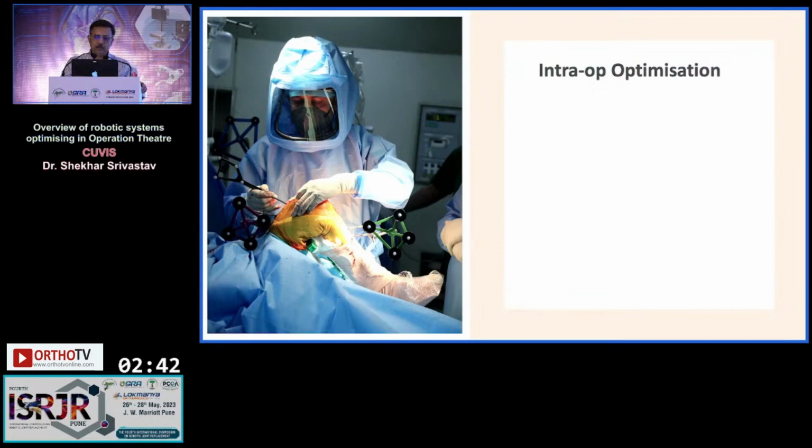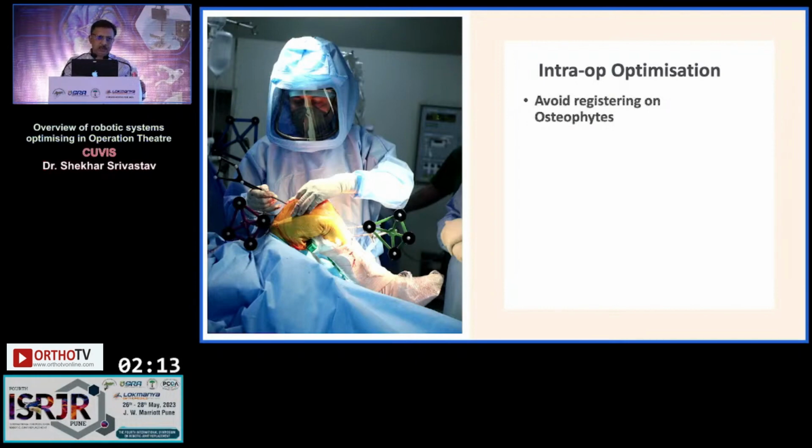Now, intra-op optimization. We all know what precautions you have to take to put the tracker pins. Better to put them in the metaphyseal region and don't violate both the cortices, otherwise there's a real possibility of fractures later on. And mind you, these fractures mostly don't occur immediately. These fractures are seen 3 to 4 months after the surgery.